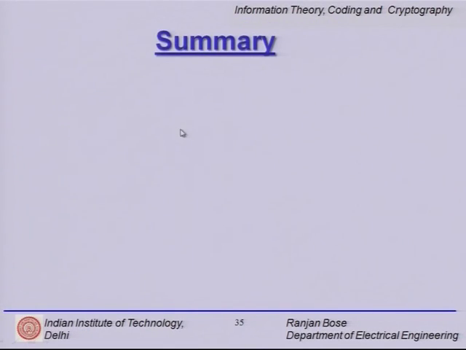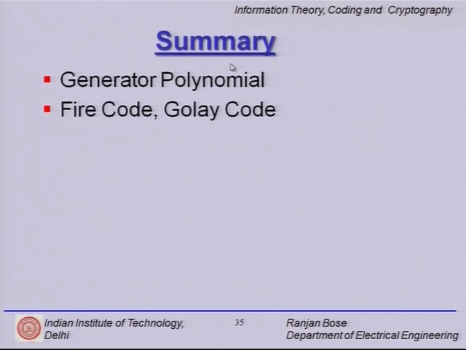With that, we come to the end of this lecture. Let us summarize what we have done. So, we started off with the generator polynomial, and with that we also found out the syndrome polynomial. Then we looked at some examples of fire code, very strong burst error correcting code. We looked at the perfect code, the Golay binary code, the Golay ternary code.